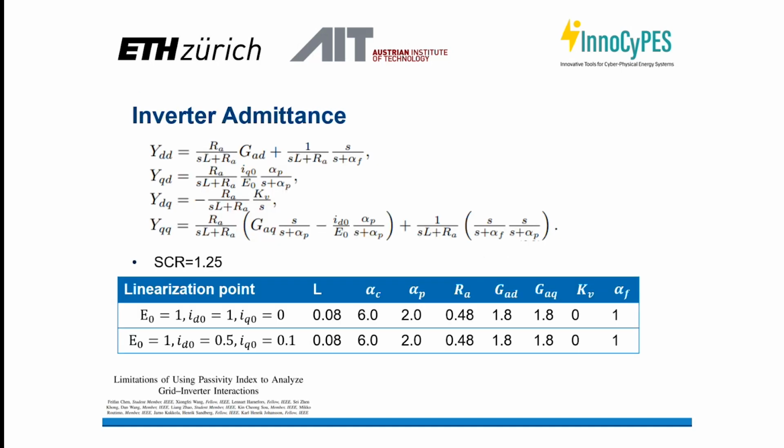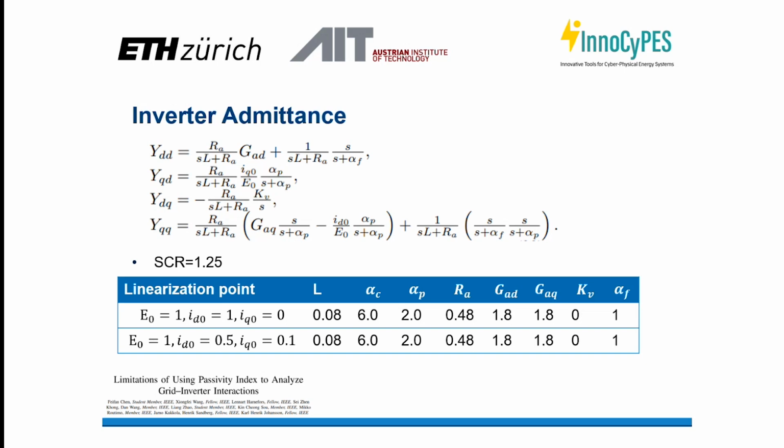And we have the following inverter admittance, and this exact model you can find in equation 23 in this paper. So basically, something that you can implement easily. And the linearization points are these.